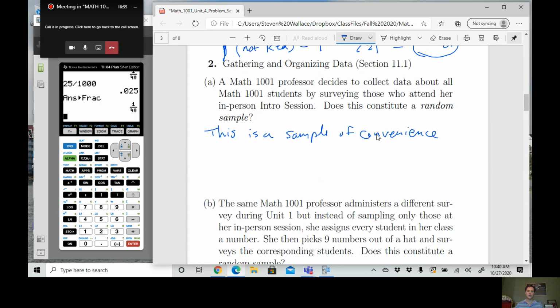It's convenient for the researcher to survey the students that are at hand, but it's not random, right?